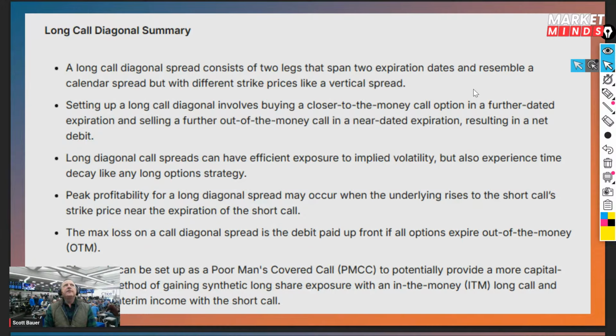The beauty on these, both calendar and diagonal, when you set it up with the long option being the one further out, you always know what your maximum risk is. You always know what your maximum potential loss is. Now, what we don't know is what the maximum potential gain is.